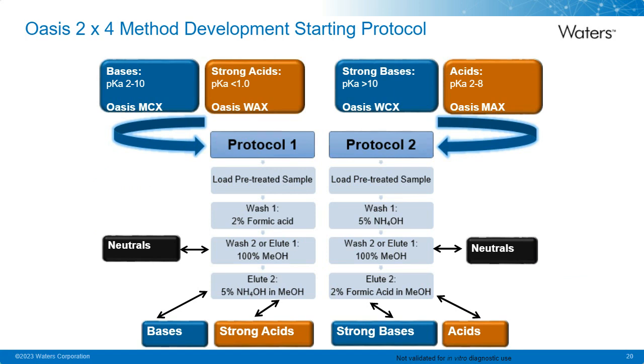So for the first one, we load our pre-treated sample. We have an acid wash. We can then wash with a strong organic solvent because everything is bound by ion exchange, and then we elute in high alkaline conditions. In this case, what we're doing for the wash is turning on, basically, we're ionizing our sorbent or our matrix, depending.